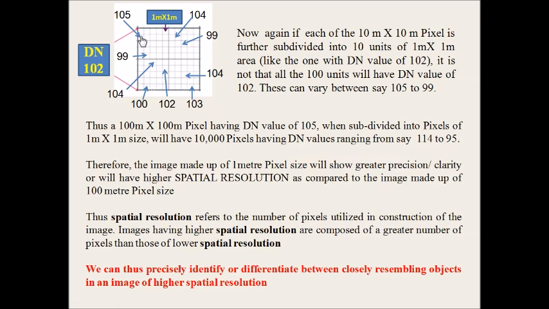Images having higher spatial resolution are composed of a greater number of pixels than those of lower spatial resolution. We can thus precisely differentiate between closely resembling objects in an image of higher spatial resolution, which will have more diverse gray values.